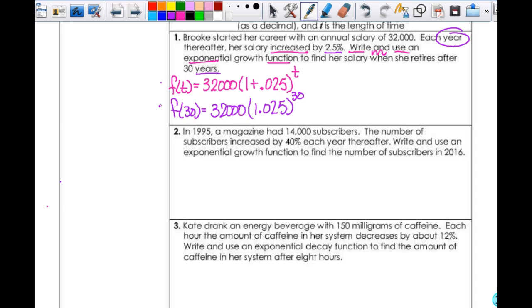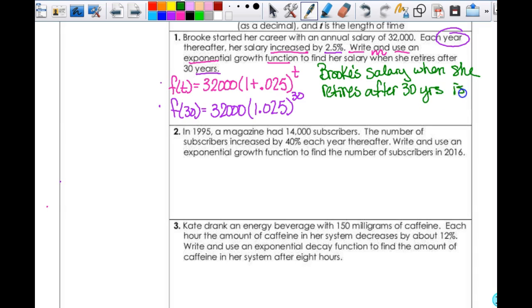All right, so then my answer isn't just a number. My answer isn't f of 30 equals. I have to answer the question in a sentence. So I can say Brooke's salary when she retires after 30 years is... Sean, what did you get?